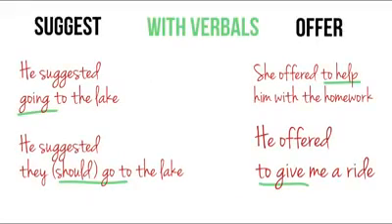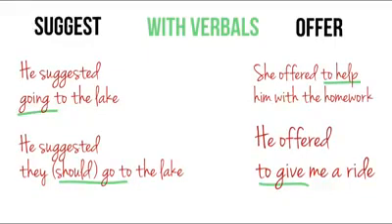And one more important thing is how we use verbals after these verbs, so how we express an action. Repeat after me. He suggested going to the lake. He suggested that they should go to the lake. He suggested that they go to the lake.